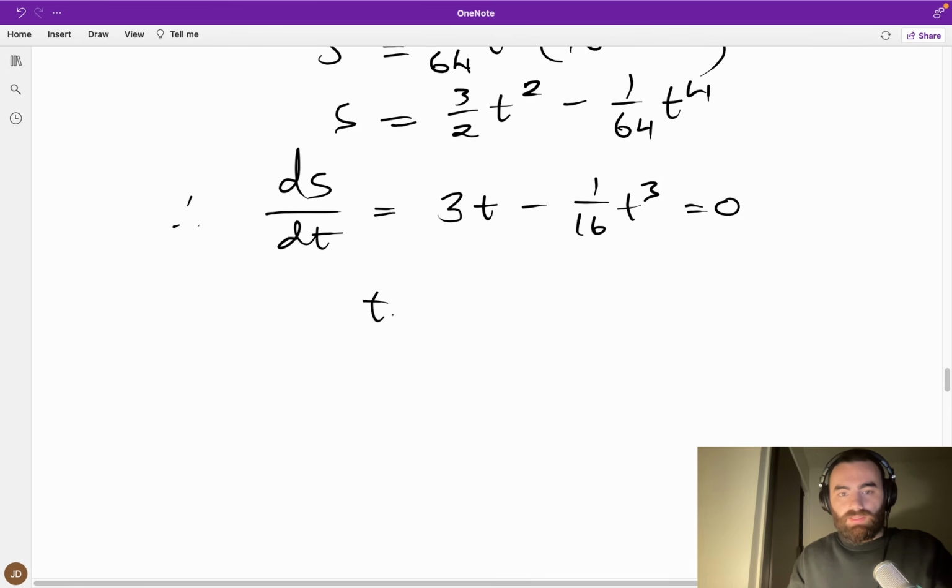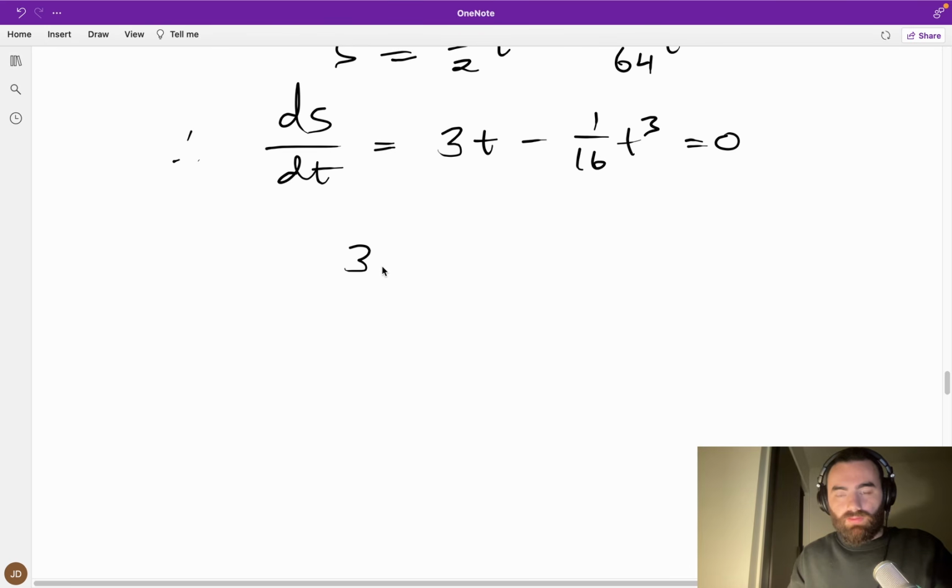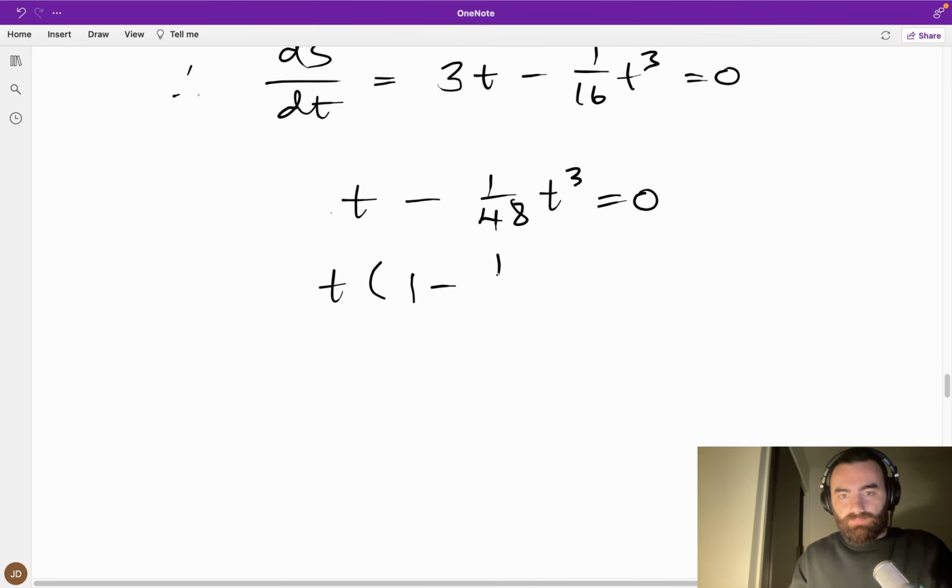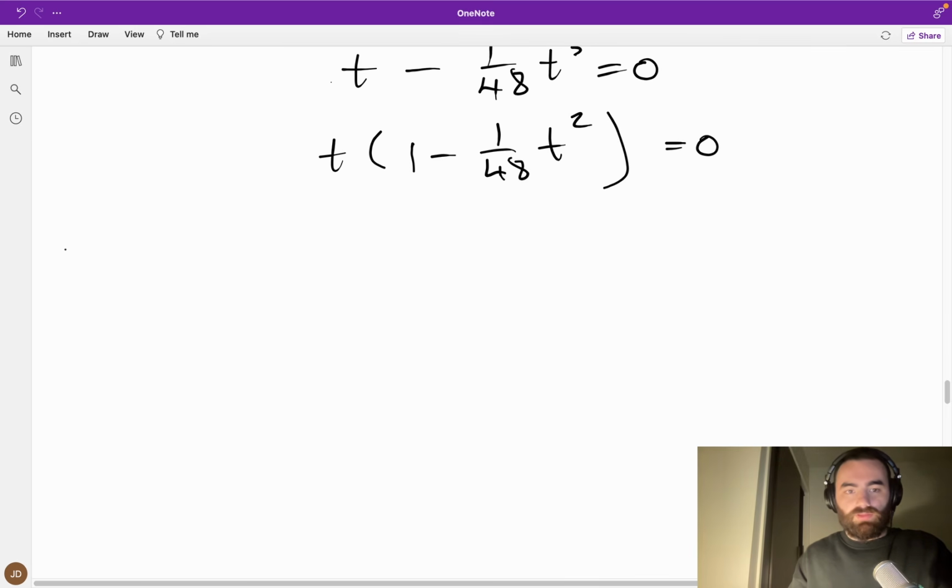Let's divide by 3 and factor out a t: t minus 1 over 48 t cubed equals 0, so t times 1 minus 1 over 48 t squared equals 0. Okay, so it occurs when t equals 0, which kind of makes sense.